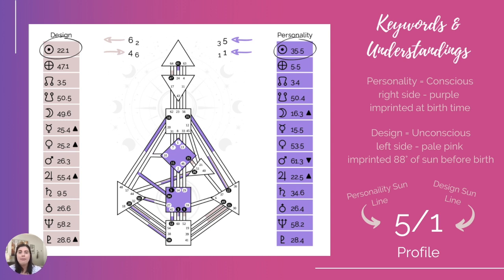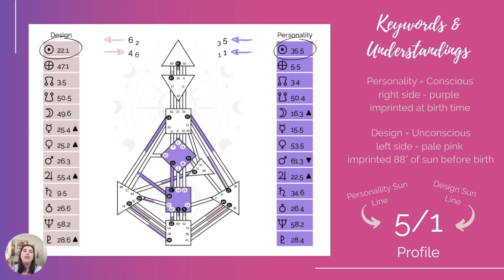So my personality line is a fifth line, that 5 in 35.5, the fifth line, then the 1 comes through the design side of my chart, that pale pink 22.1 number. So that's where profile comes from.